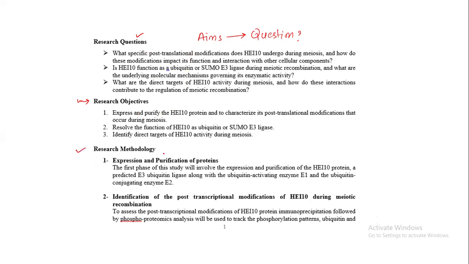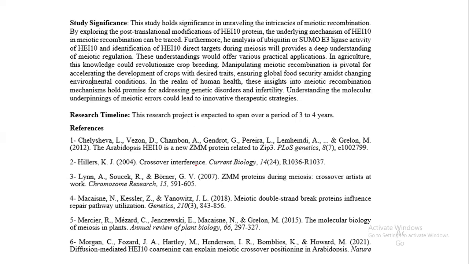Then is the research methodology. Here I have mentioned the steps which I will follow to perform this particular work, including the techniques or the protocols that will be followed in each section. After methodology, there is study significance, and at last there is the research timeline and references.